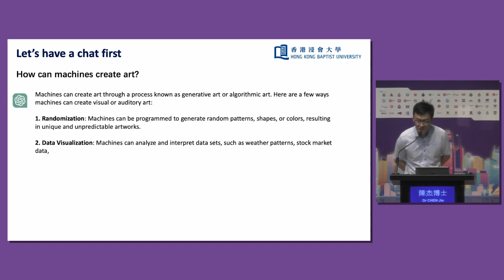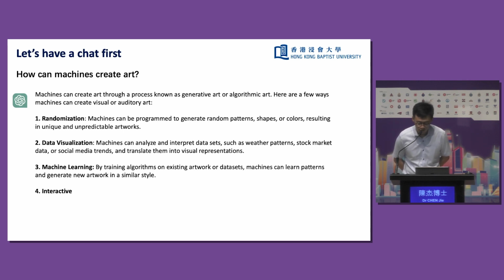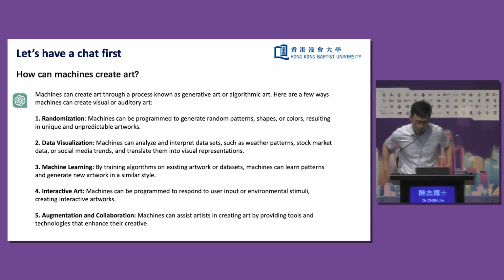ChatGPT gives us a long answer, which we can generalize into several points. These are the possibilities. The first is randomization. Machines can be programmed to generate random patterns, shapes, or colors, resulting in unique and unpredictable outcomes. And these are the wonderful things of art.